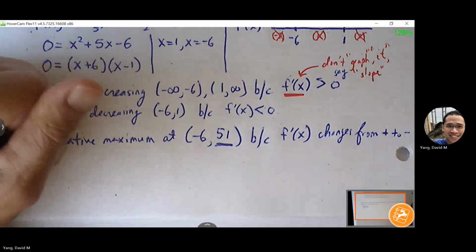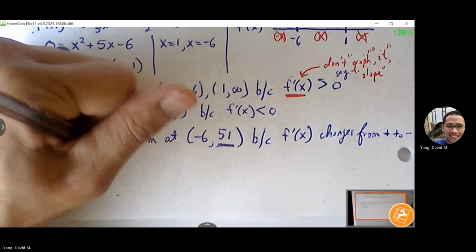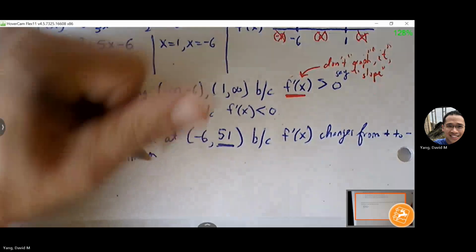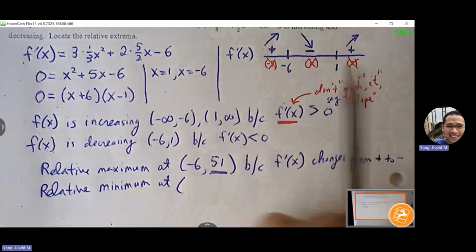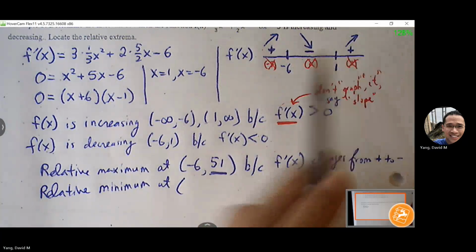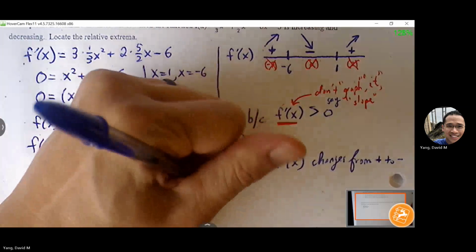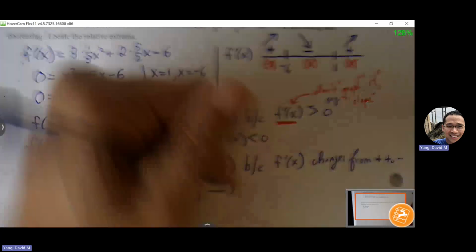Okay. We also have a relative minimum. In this case, we do have a relative minimum because the graph does fall, followed by rising again. And if I wanted to find the relative minimum y value, it would go back into the original function.